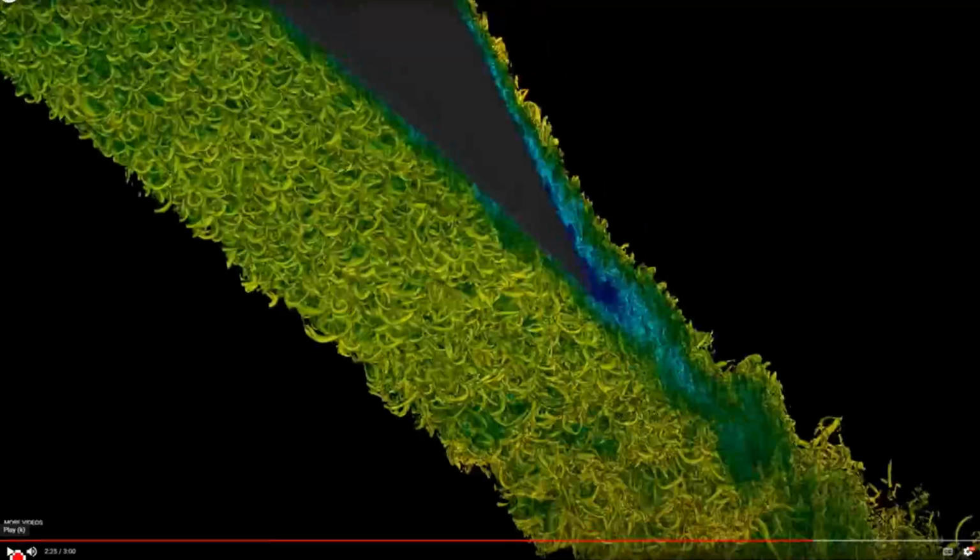Unfortunately, with k-omega and k-epsilon models, we cannot see these details. This is what we are missing in two or three equation models. We miss these details, but we can calculate the impact of this flow on a surface, resulting in skin friction at each point.